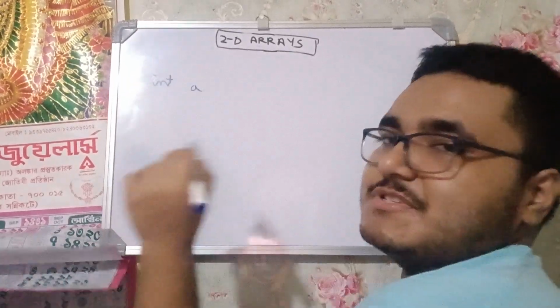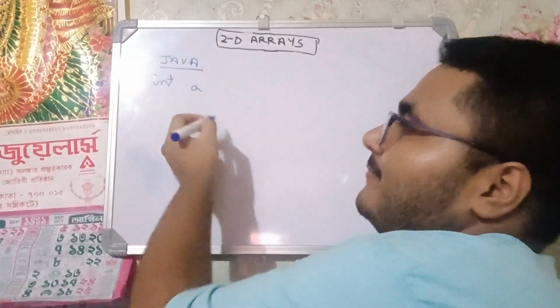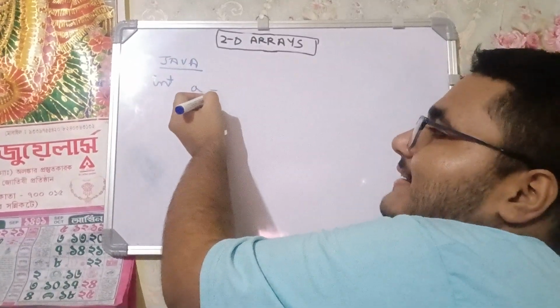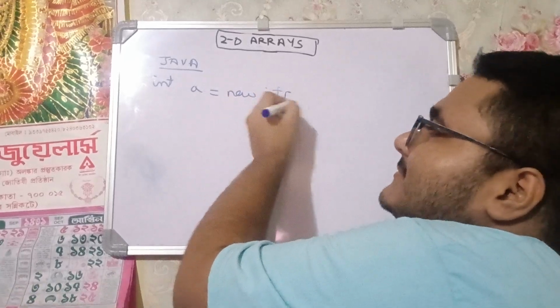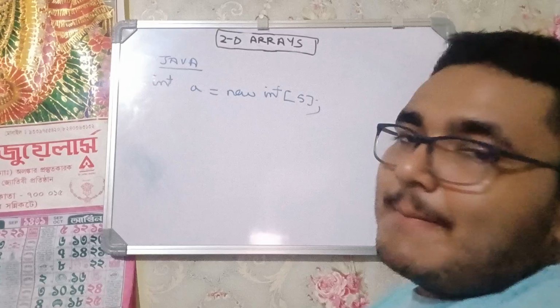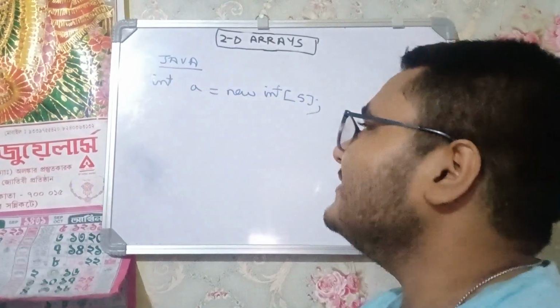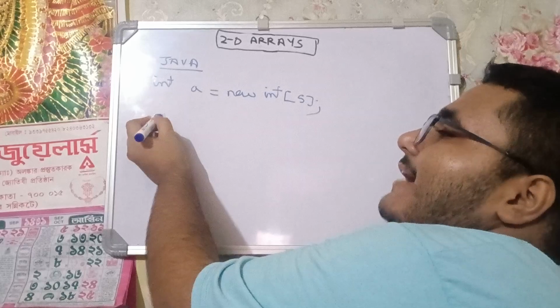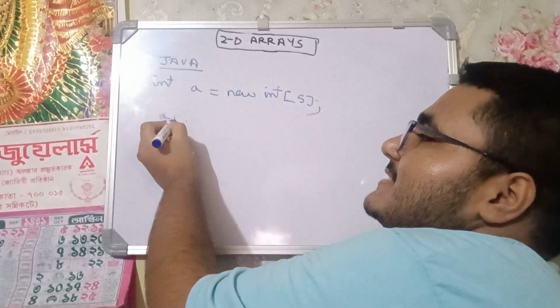If I talk about Java, the declaration is like int a is equal to new int, and then the size you mention here, right? The number of slots it is going to have. Okay, and so hence a will be having these slots. Say this is the array.